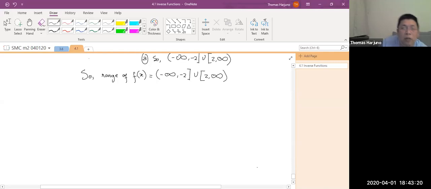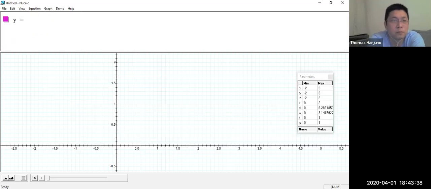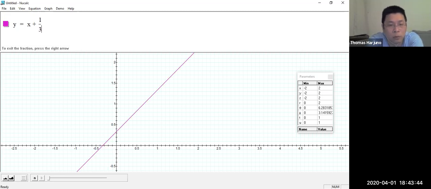So now we get the range. Let's see an even better view. Let's take a look at the graph. Share the graph. Okay, that's the graph that we had before. y equals x plus 1 over x. Oops, no, not 1 over x.